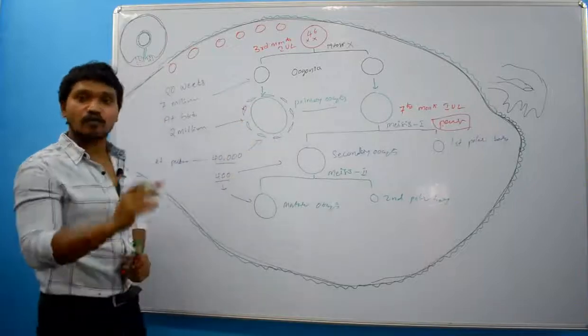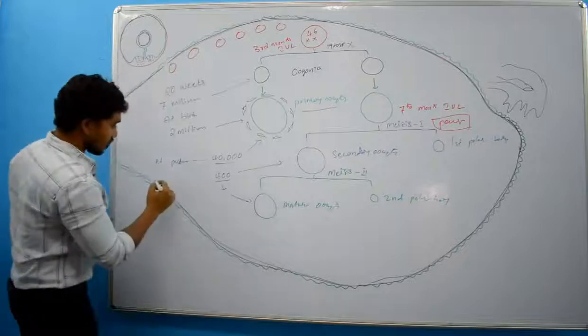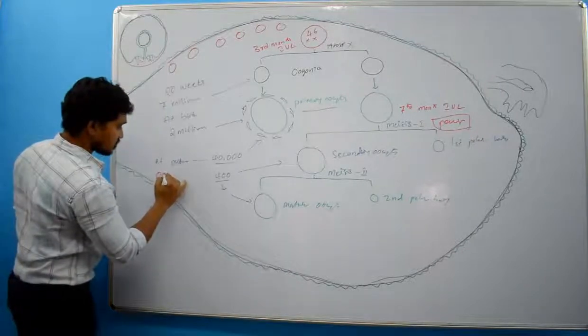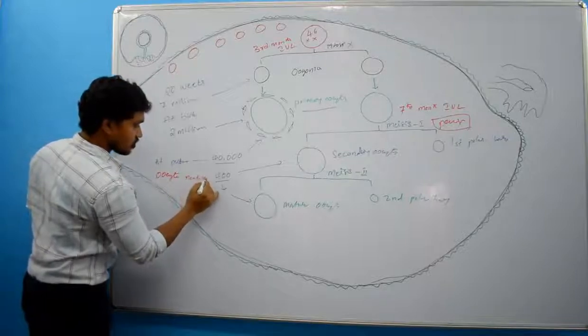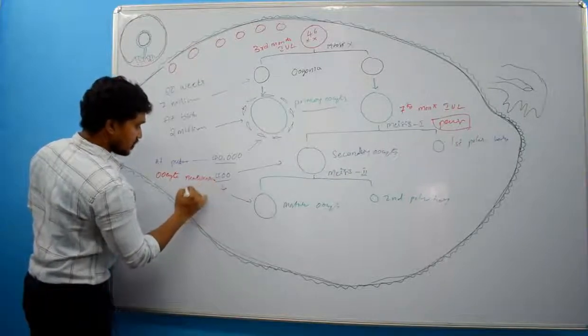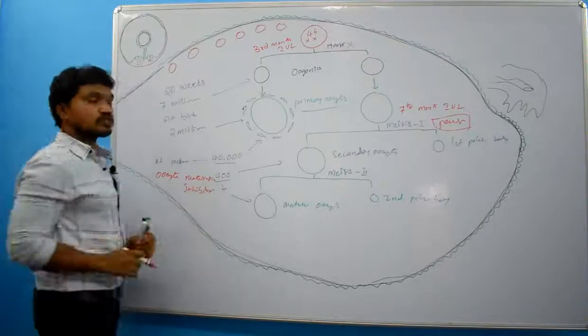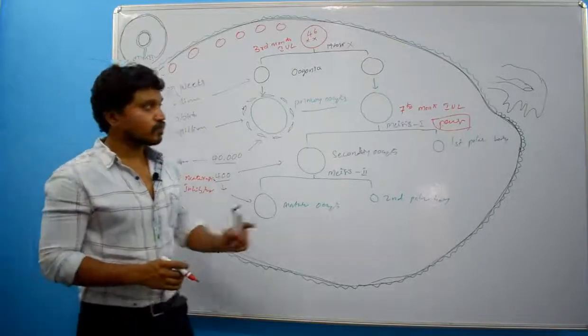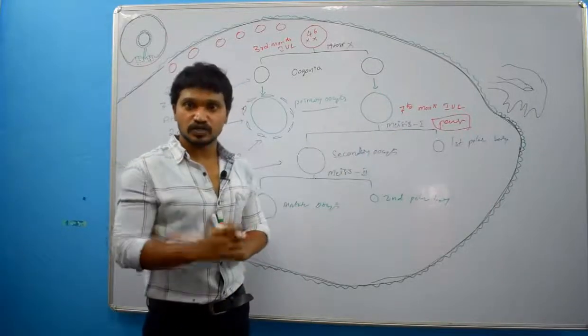These are follicular cells. These follicular cells produce one substance called oocyte maturation inhibitor. This oocyte maturation inhibitor will pause meiosis 1 at the diplotene stage.